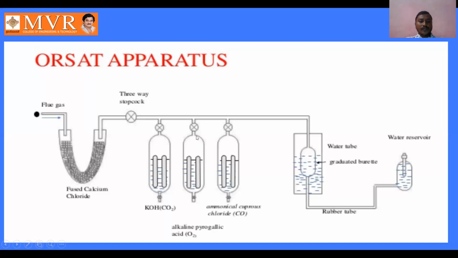After completing these two, the pressure is again applied from the water reservoir, and when the gas enters the third one, the stopcocks of the ammoniacal cuprous chloride and alkaline pyrogallic acid are both closed, and the gas directly enters the third one, the KOH solution.